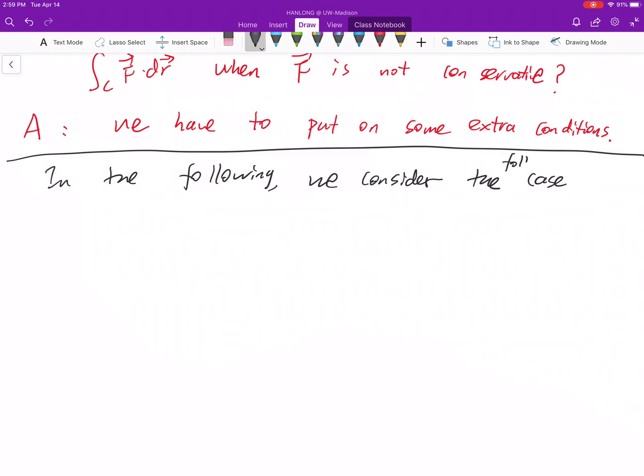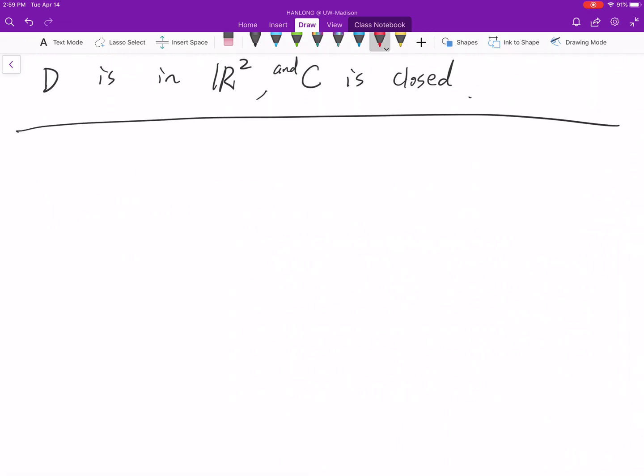We will consider the case when D, the region, is in R2, but it's not necessarily simply connected. And the curve C is closed, so there's no boundary point. So what does that mean?